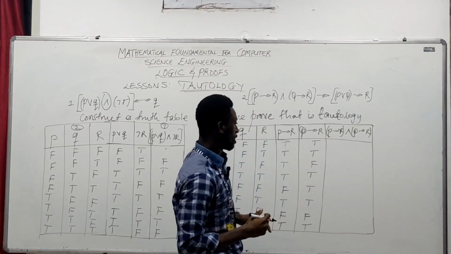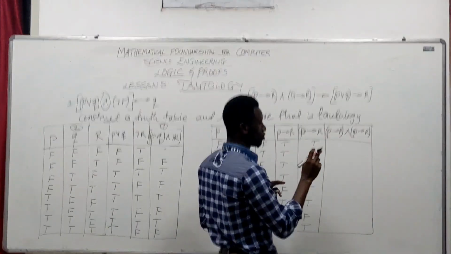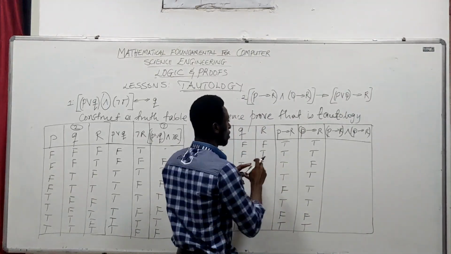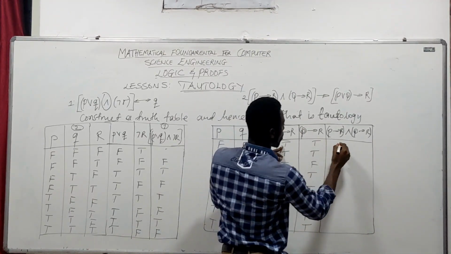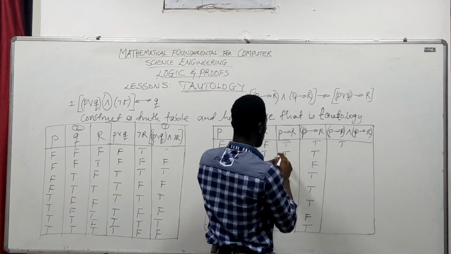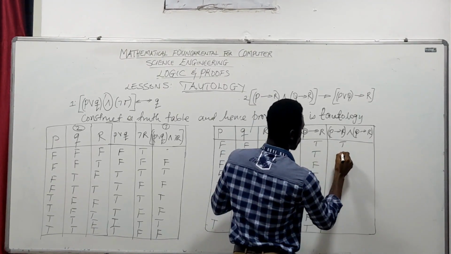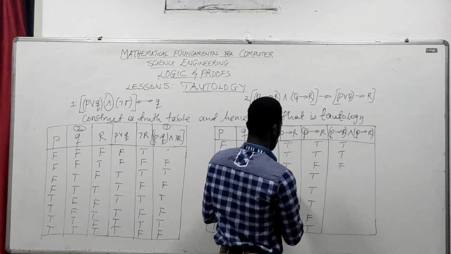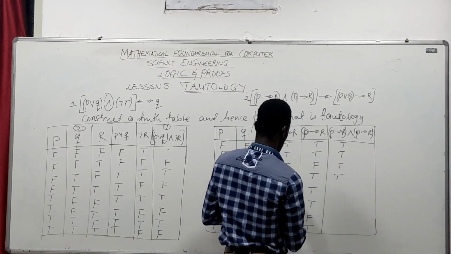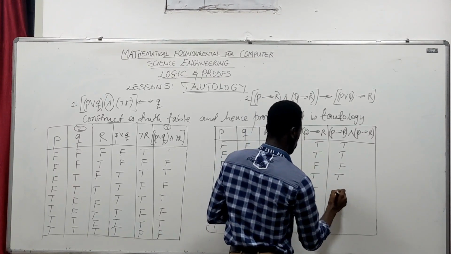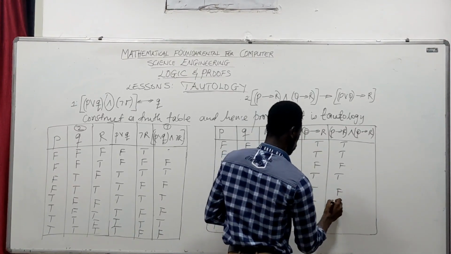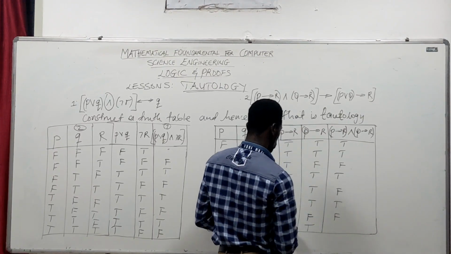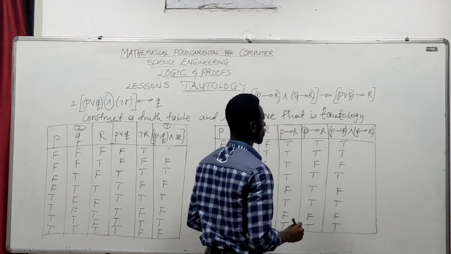Otherwise, it's false. If both statements are true, it's true. Otherwise, everything becomes false. So now let's see here. True, true becomes true. True, true becomes true. True, false becomes false. True, true becomes true, false, true becomes false, true, true becomes true, false, false becomes false, true, true becomes true.